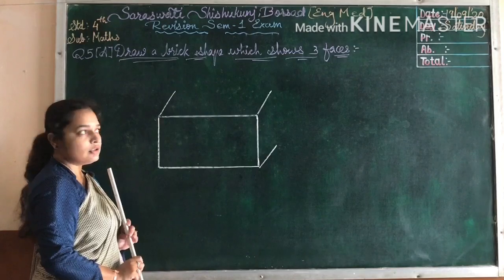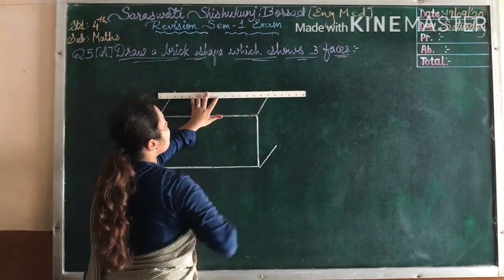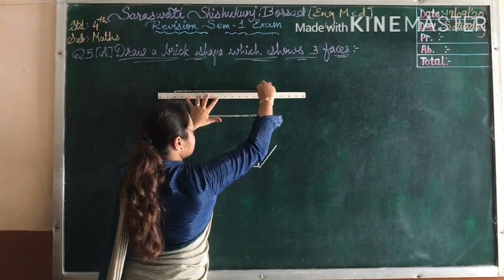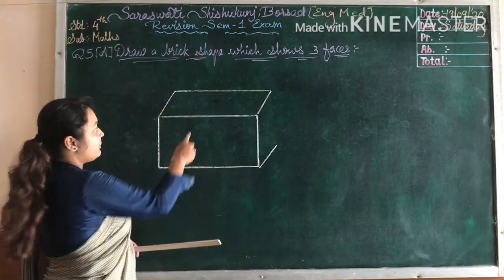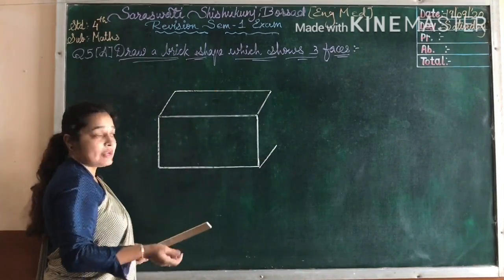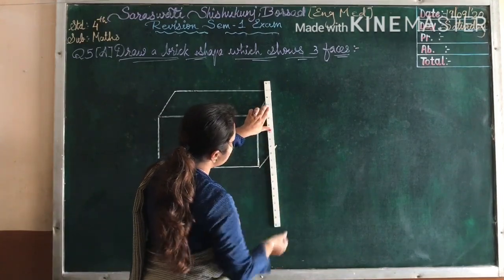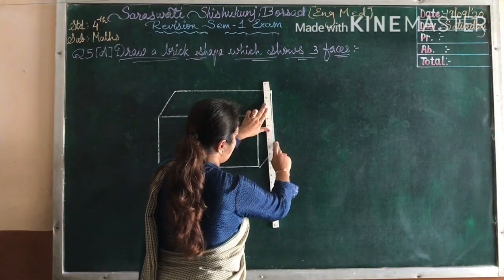As you can see here, this one we will join upper two slanting lines with horizontal line. As you can see, two faces are able to see, 1 and 2, right? Now we will join this two right side slanting lines with the help of vertical line.